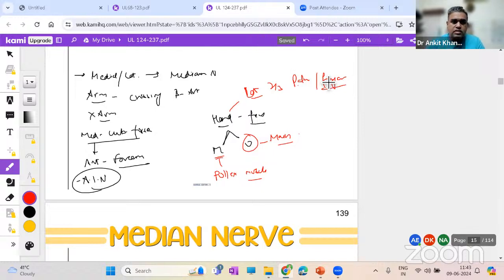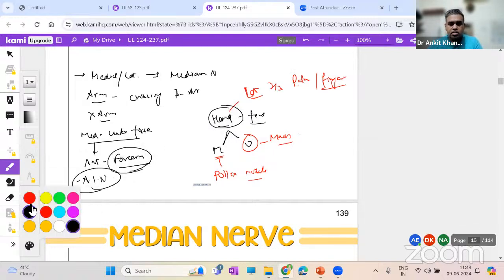So we should know from where the median nerve is coming: from two cords, crossing the brachial artery, the medial part of the cubital fossa, going down, supplying the anterior part of the forearm. Then when it is going from the forearm to the hand, understand, in between you have the flexor retinaculum. Here comes a very important applied aspect. As this nerve is passing at the region of the wrist, it passes deep to the flexor retinaculum.